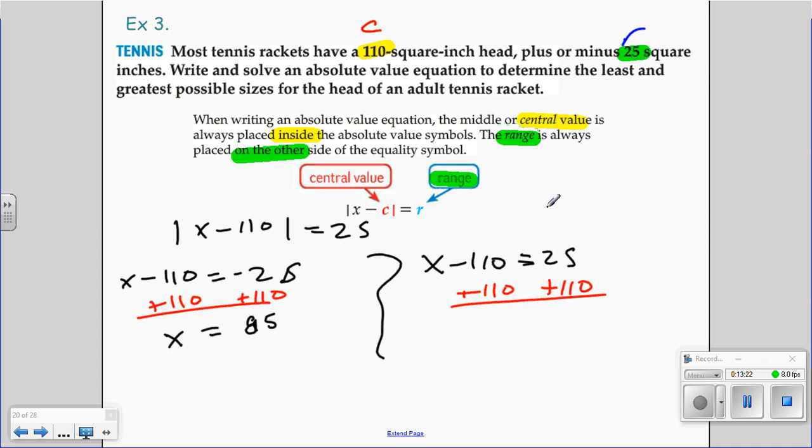Yes, 85. And then on the right hand side, the second one, x is equal to 135. So the least and greatest sizes, it's at least 85, but at most 135.